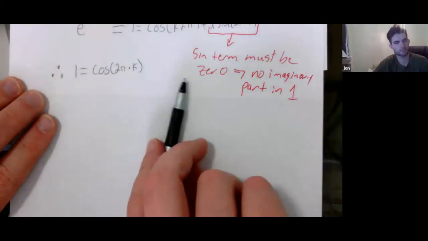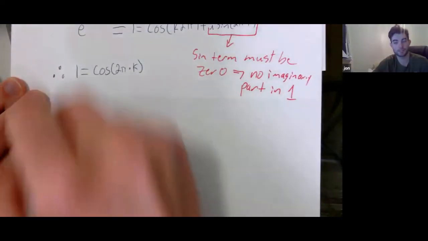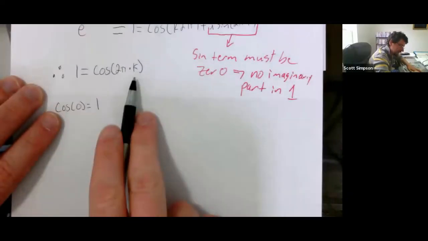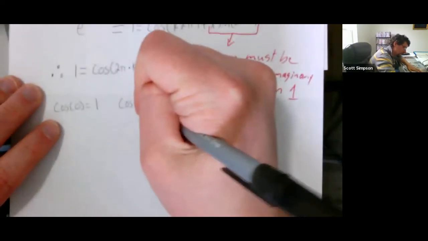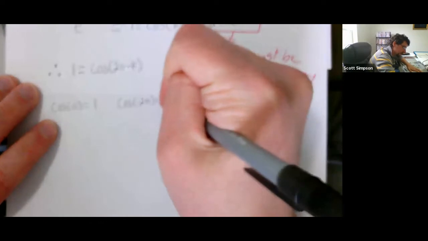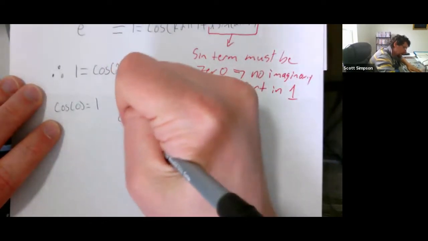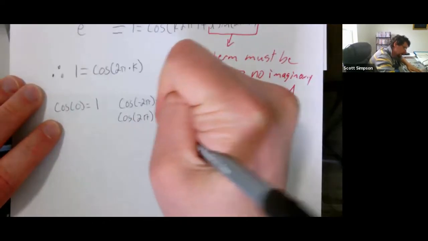If K was 0, yep, cosine is equal to 1. So if we do minus 2 pi, that's also equal to 1, right? Cosine of plus 2 pi is equal to 1.